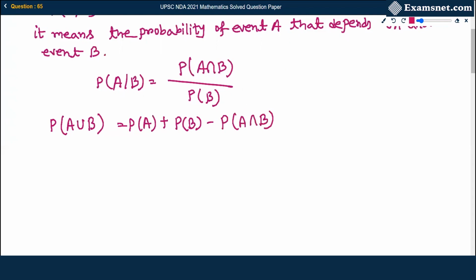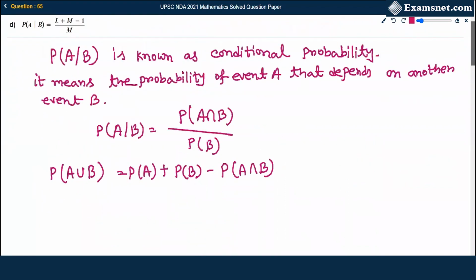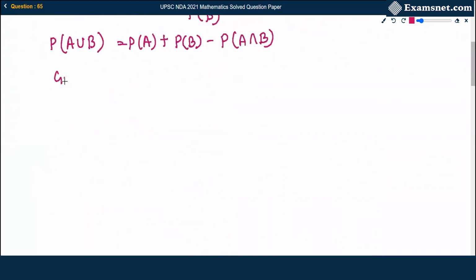Now let me focus on the question. It's given here P(A) equals L and P(B) equals M. So the probability of the event A is L and the probability of the event B is M, right?